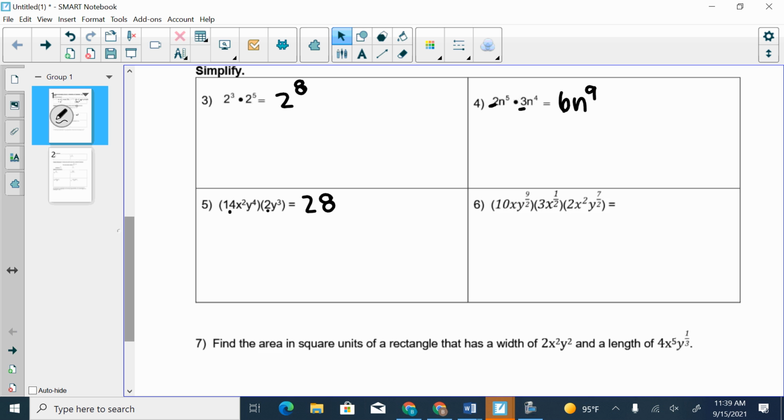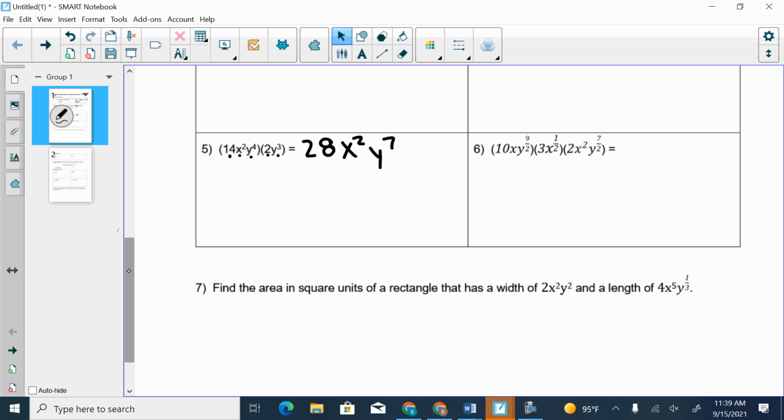Remember, we can only use this rule if they have the same base. So I've got an x squared. Are there any other x's? No. So x squared just stays x squared. There's nothing else like it. Okay, I've got a y to the fourth and a y to the third. That's going to become y to the good. Okay.